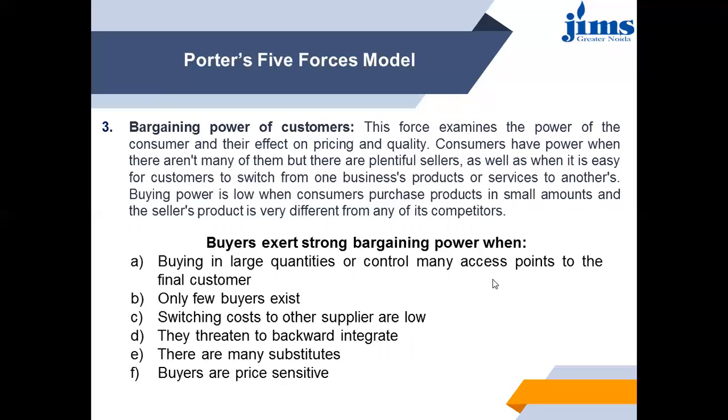In that case, the buyer's bargaining power increases because if shopkeeper one is not bargaining with you properly, you will easily shift to shop number two, then shop number three, and so on. So the buyer's power increases in such a manner.